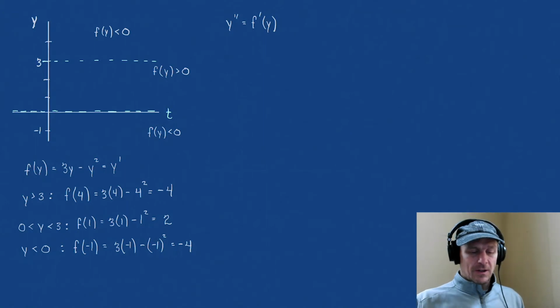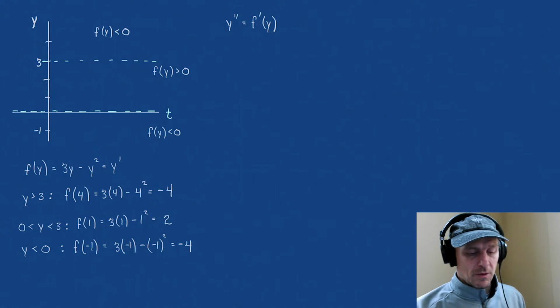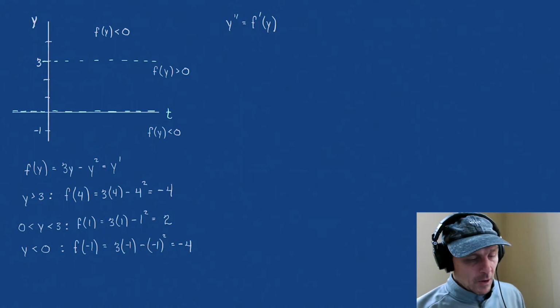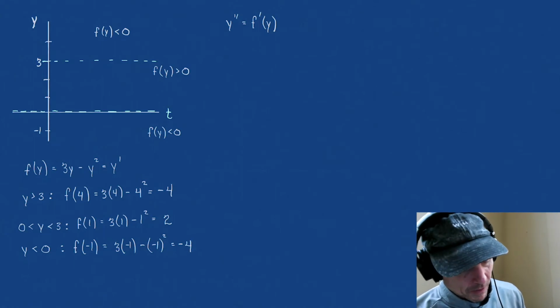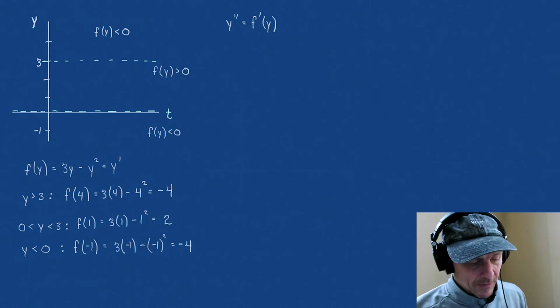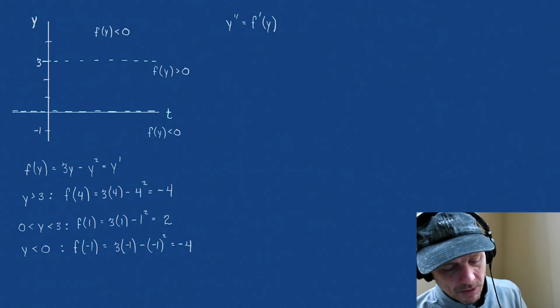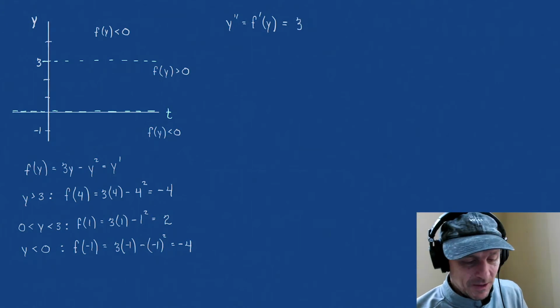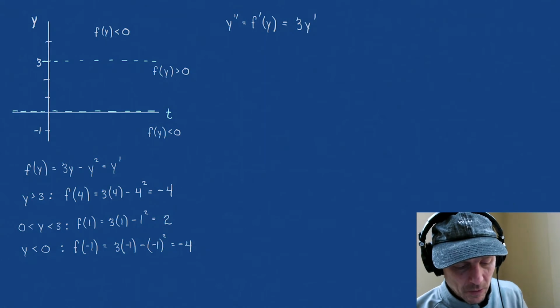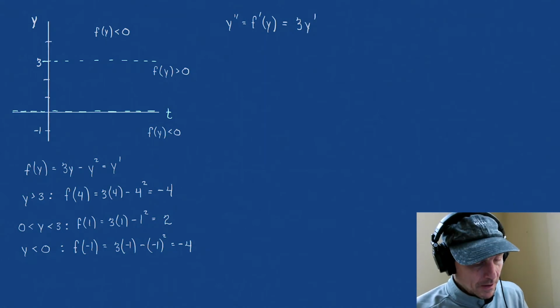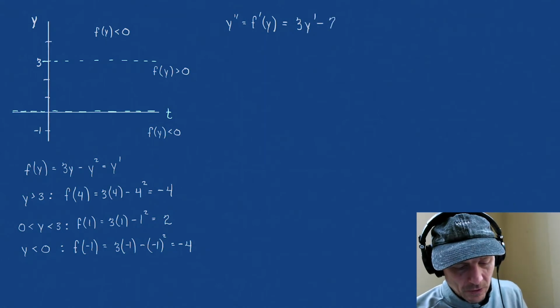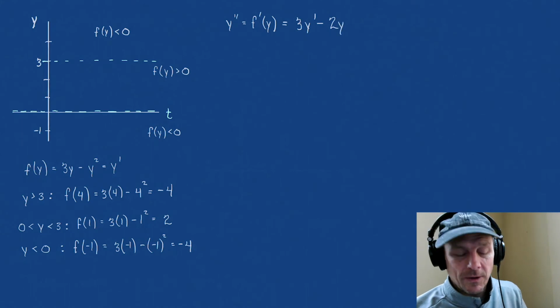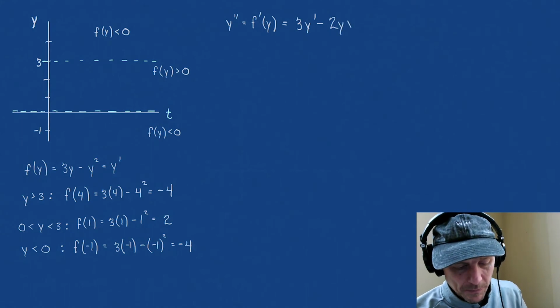So let's find the second derivative, or f prime of y. Well, let's see. Remember that f of y, that's 3y minus y squared. The derivative of 3y is going to be 3 times dy/dt. Well, that's just y prime. Oh, yeah, we have to remember that. Minus 2 times y times the derivative of y. Well, that's y prime. Let's factor that out.